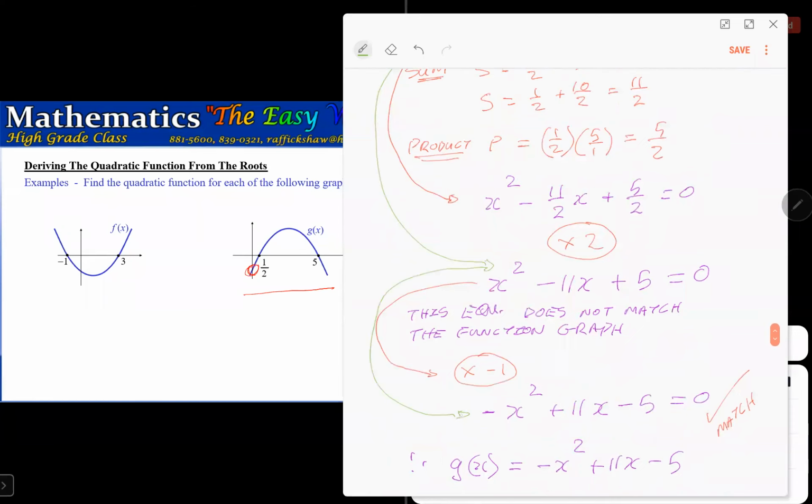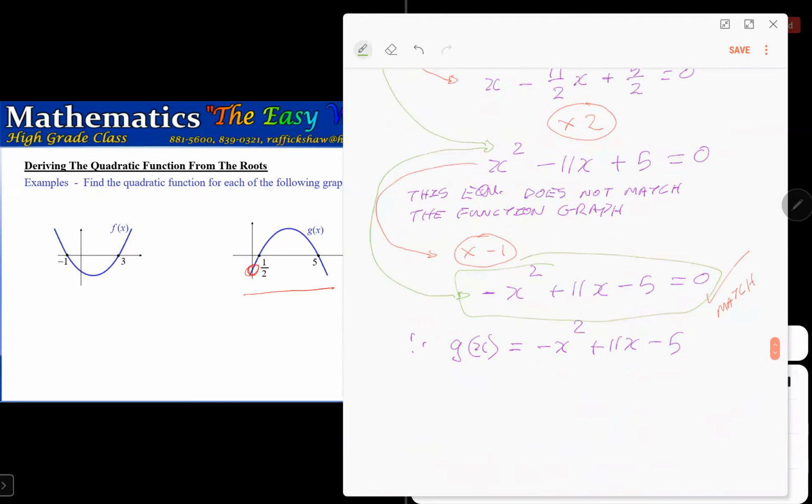So we go from the roots to the equation, see it there? And then now, from the equation, we could write the function. We're going in the opposite direction. Remember, the function is the entire graph. The equation gives you only the roots. So from the roots to the equation, and then from the equation, we deduce the function that matches the equation. Basically, that's that for that topic.